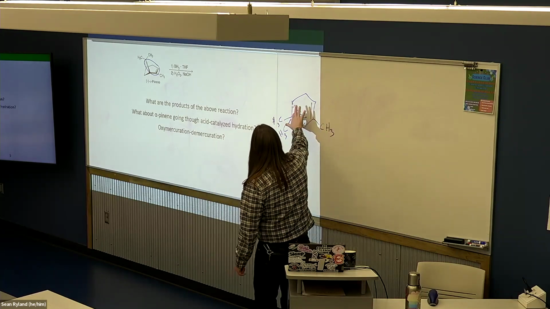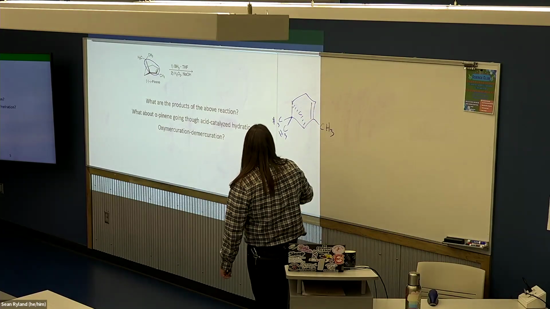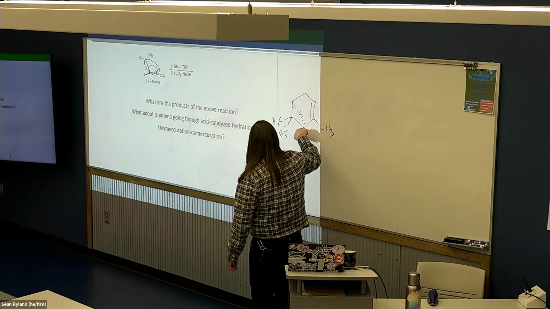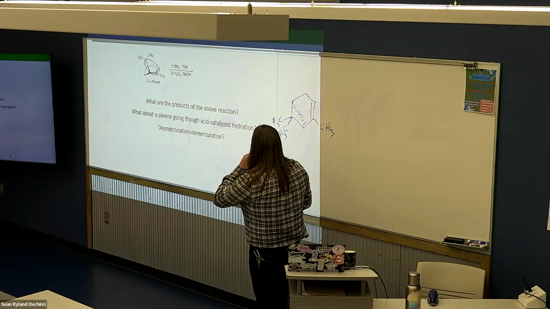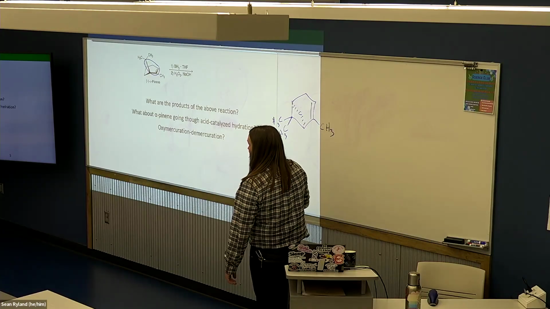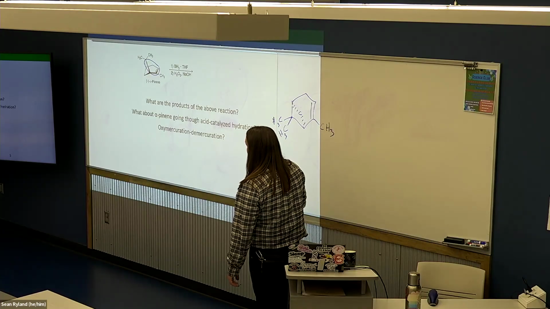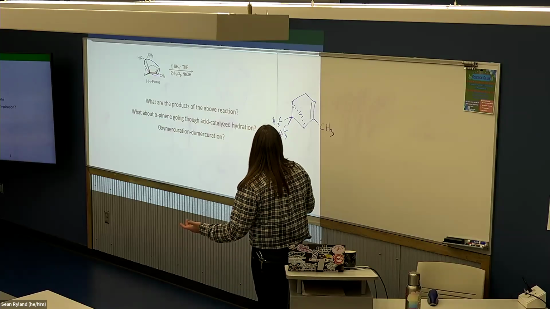So basically, cyclohexene with an extra carbon bridging. What's that carbon? 1, 2, 3, 4, 5. It looks funky. It's weird to think about in 3D. However, we do have your model boxes. You can build this.